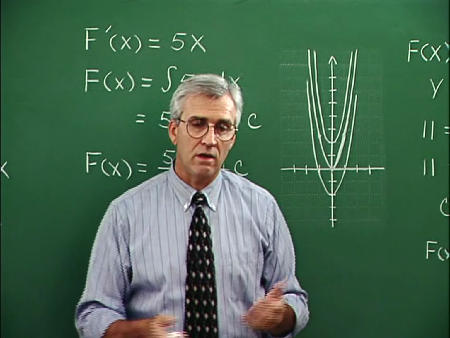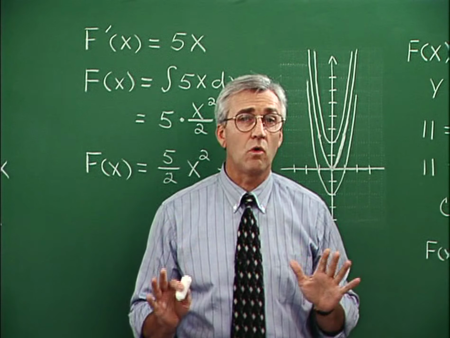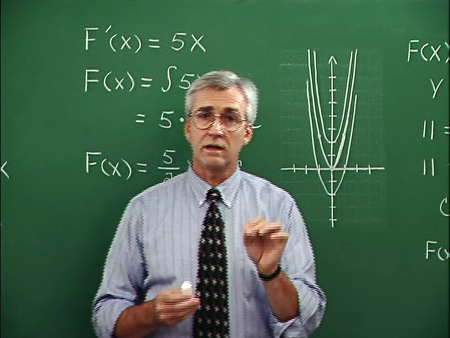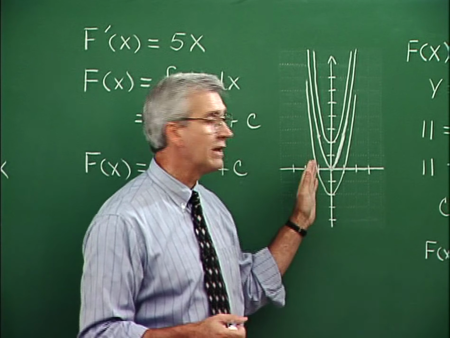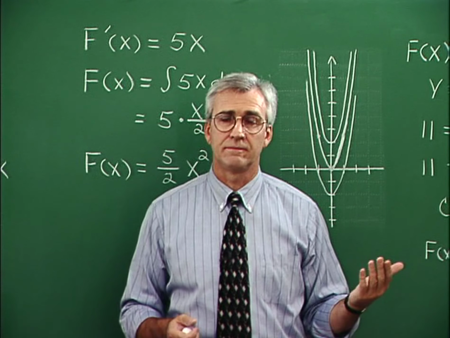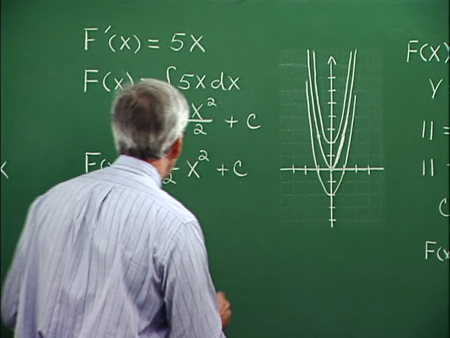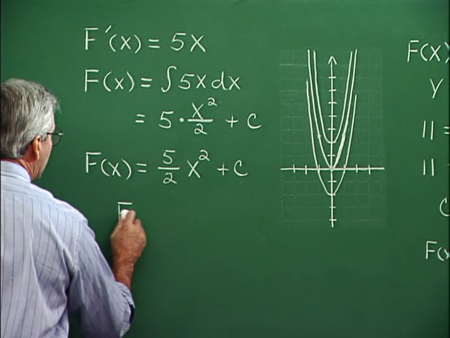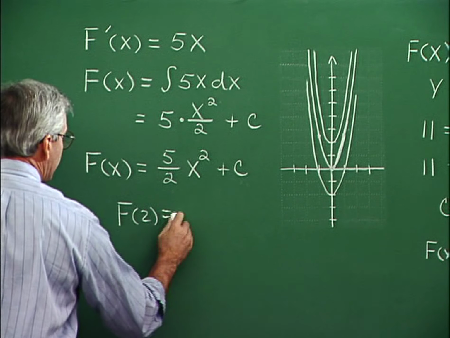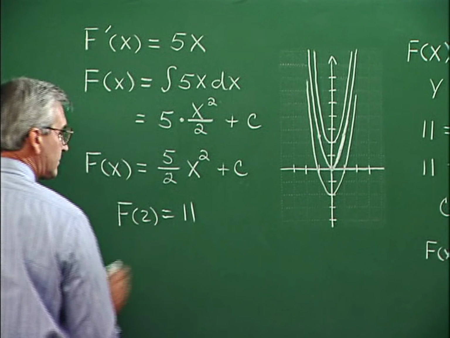Now it turns out that if we're given just a little more information, we can identify the value of c specifically, and we can identify the specific graph that applies to it, of course. All right, suppose here that we're given that f of 2 is 11.